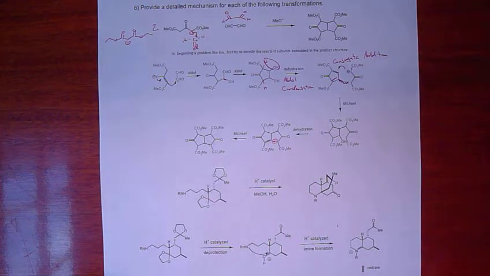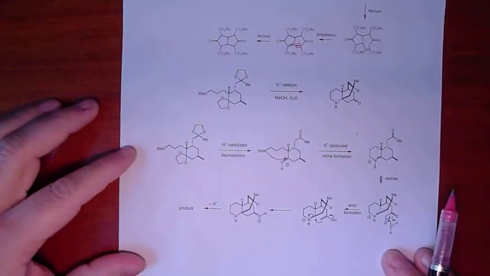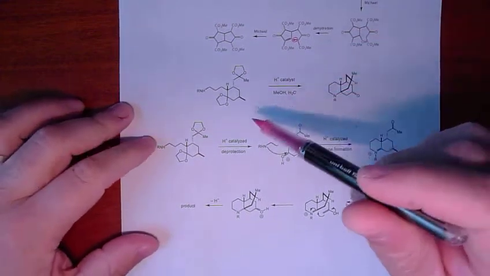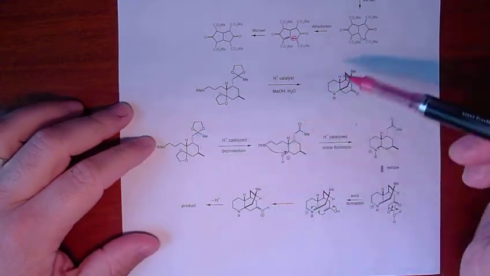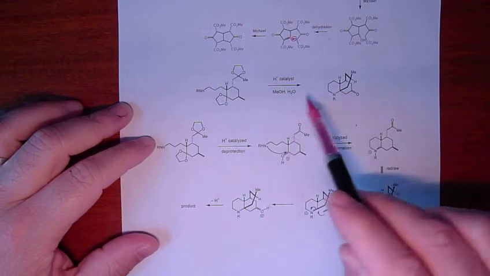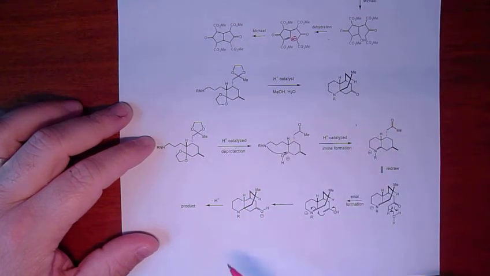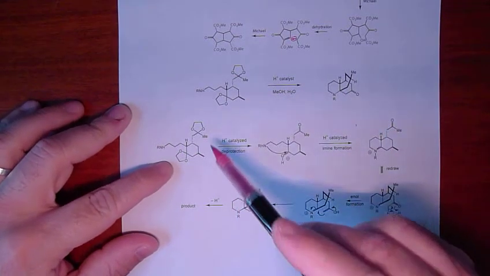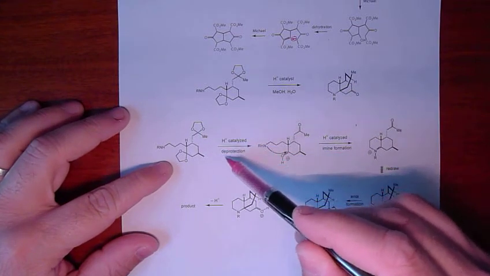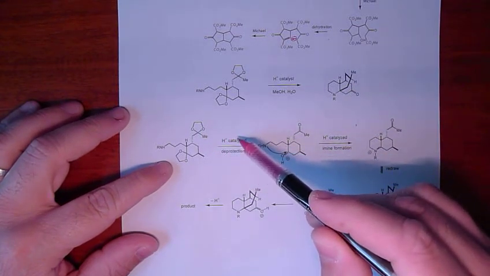So this molecule looks complicated, but this problem is actually not as complicated as it seems. The first step that we want to think about here is, how do you go from this molecule to this molecule? So the first step here is acid catalyst.